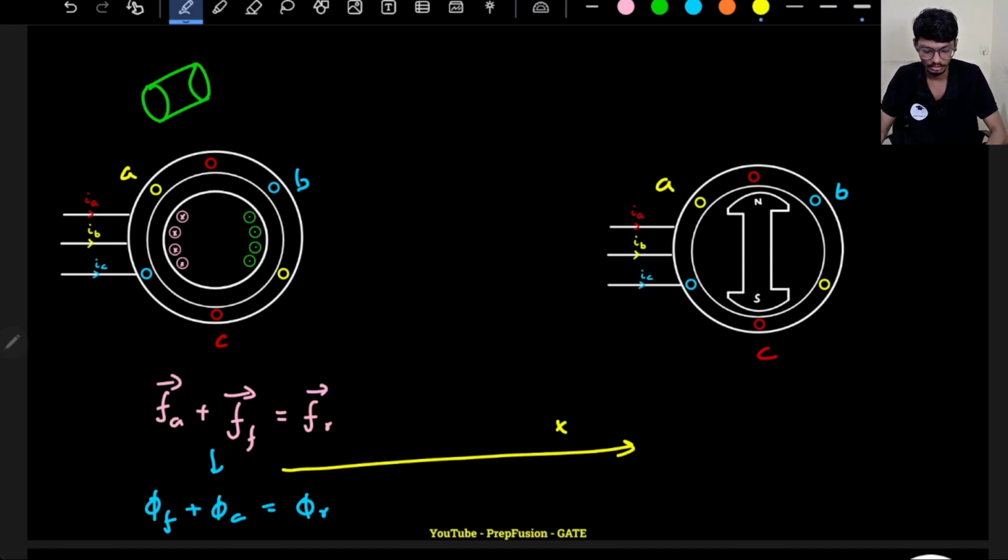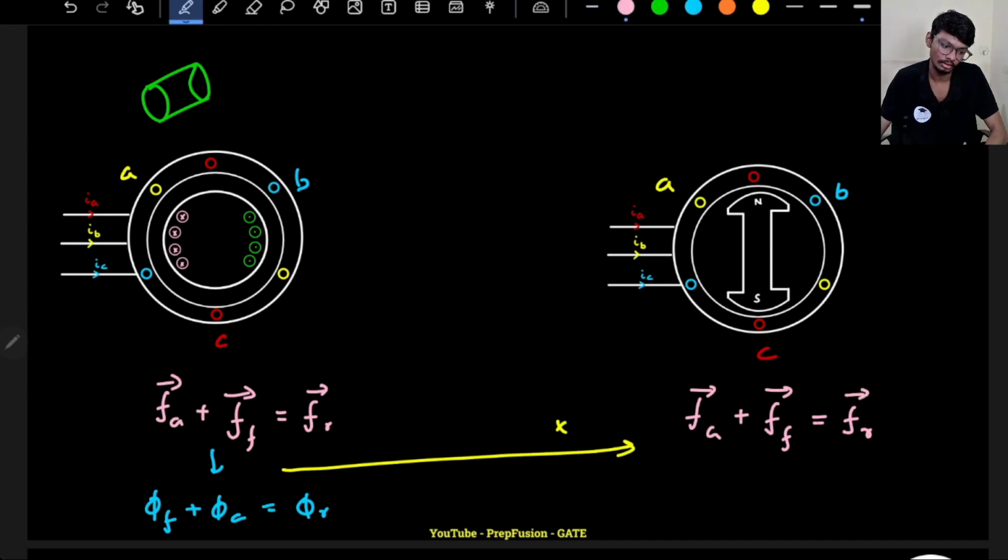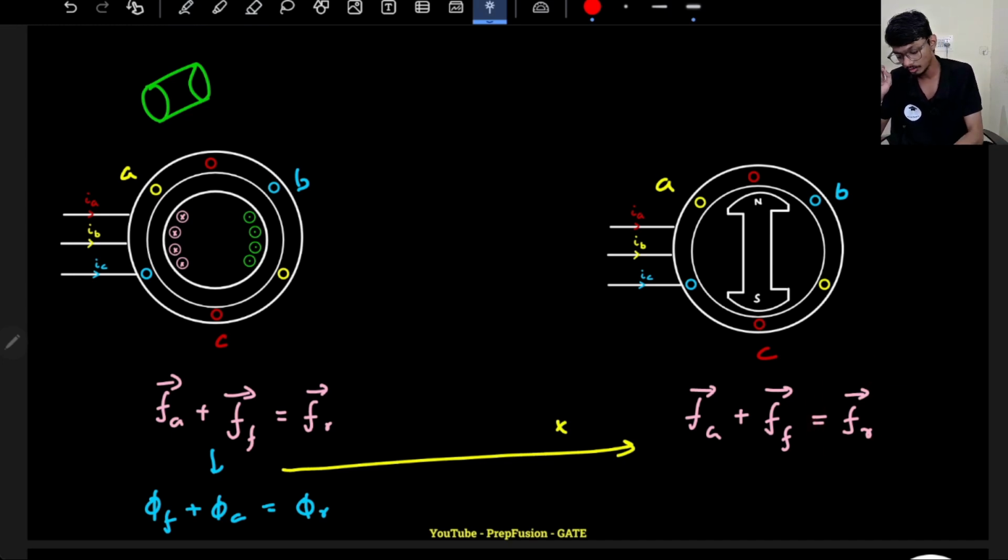Here this equation will still follow: armature mmf Fa plus field mmf Ff will be equal to the resultant mmf Fr. But I will not be able to write it in terms of flux.